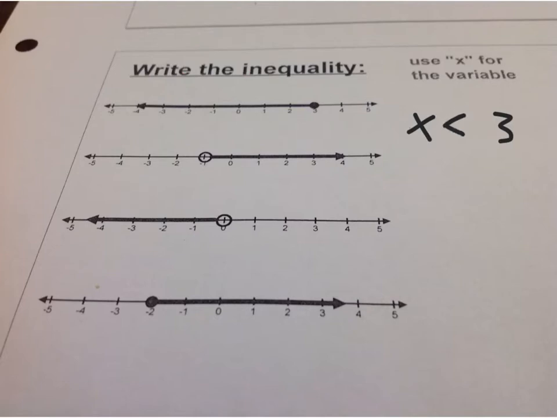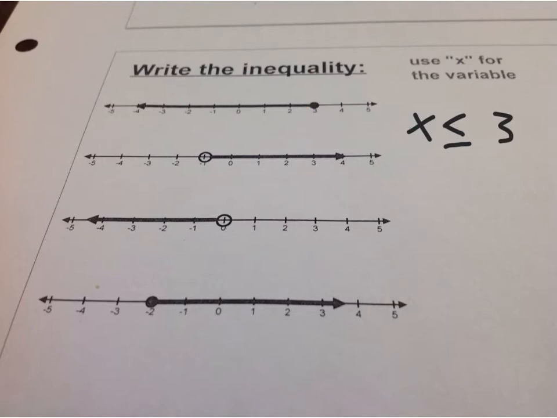But you're also going to notice that the circle is filled in, which means x is not just smaller than 3, but because it's filled in and not open, it can also be equal to 3. To show that with our inequality sign, you put a line underneath.